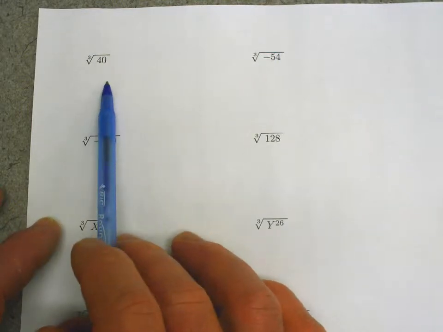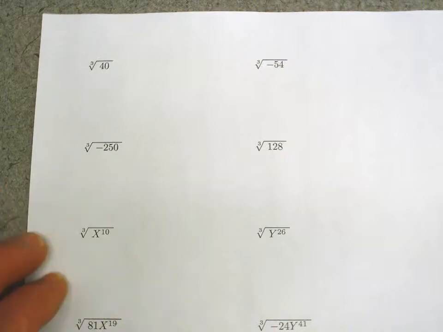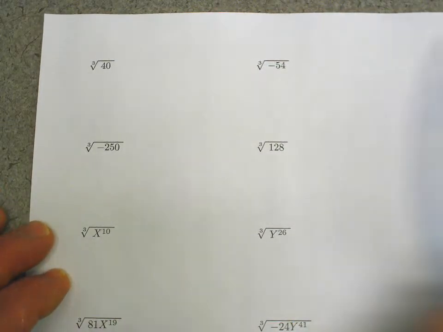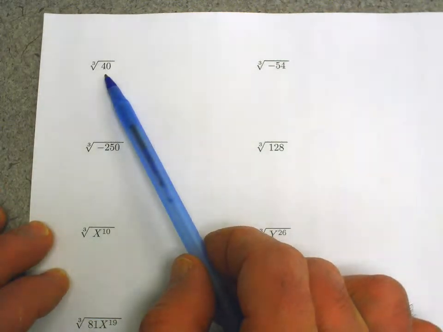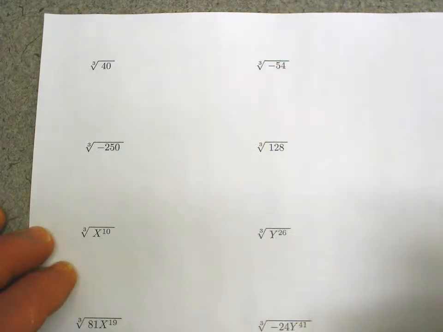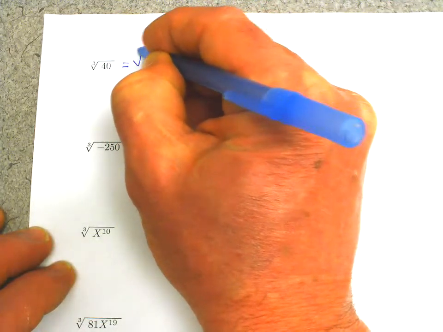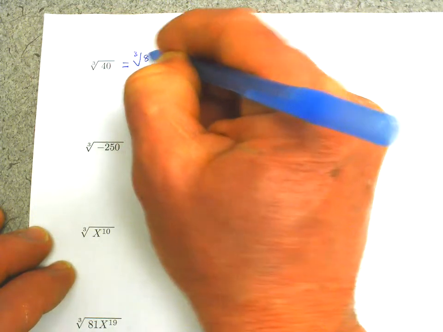This first one, simplify the cube root of 40. The largest factor of 40 that's a perfect cube is 8. 8 times 5 is 40. So we can think of this as the cube root of 8 times 5.